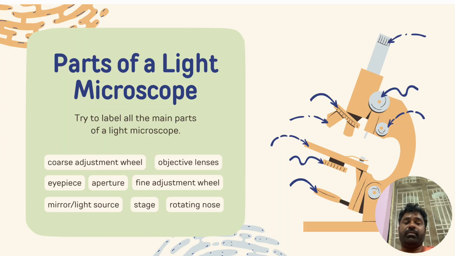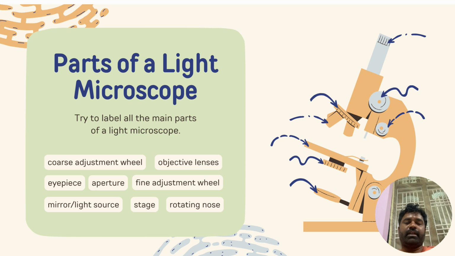First we learn about the parts of the light microscope: coarse adjustment wheel, objective lens, eyepieces, aperture, fine adjustment wheel, mirror, stage, rotating nosepiece.